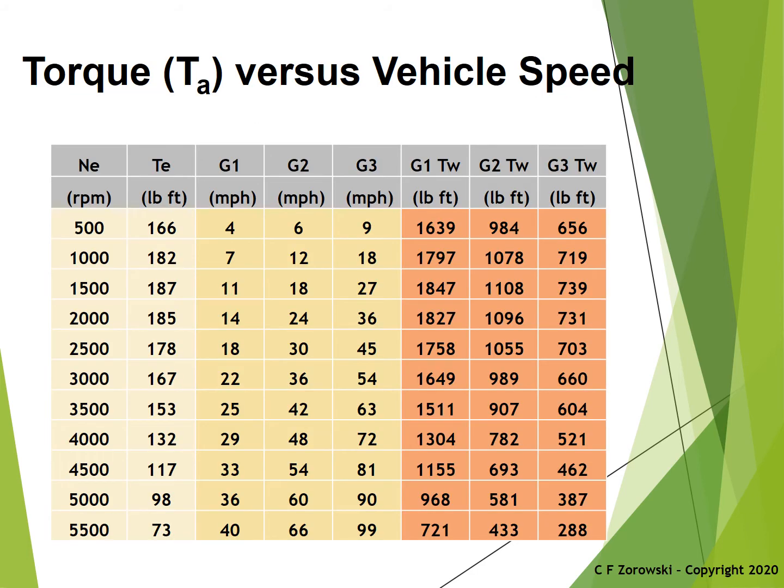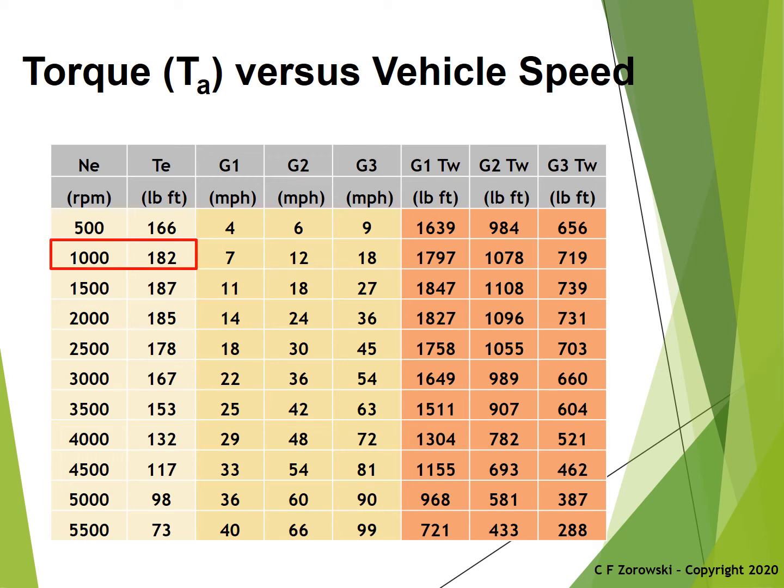The first two columns in the chart are the given engine data in speed and full throttle output torque. The next three columns are the vehicle speeds corresponding to engine speeds for all three transmission ratios. The last three columns are the available torque at the vehicle speeds in the previous three columns, again for all three transmission ratios.